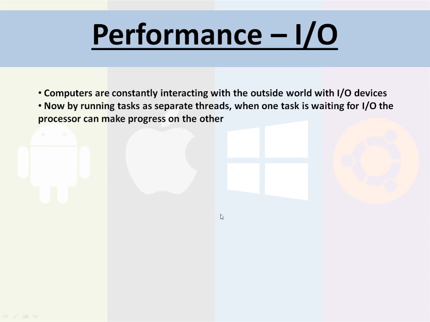We're constantly typing on our keyboard, as well as utilizing other input-output devices. Now, by running tasks as separate threads, when one task is waiting for an input-output event to occur, well, then the processor can make progress on another thread.